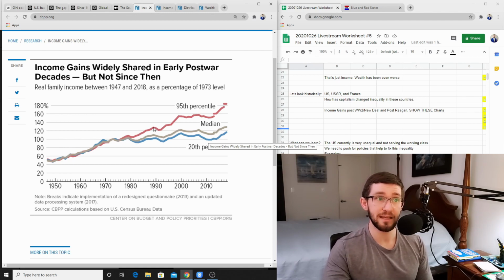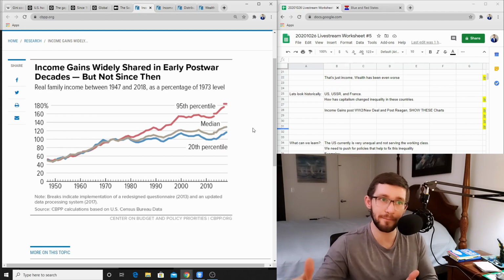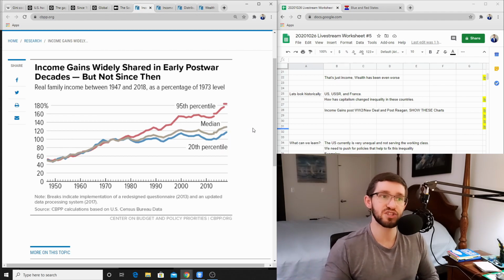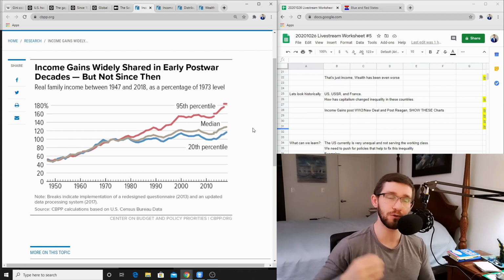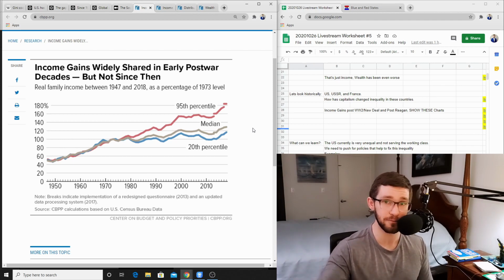And you start to see that the 95th percentile, i.e. the top 5%, starts making more and more, and it grows more each year. Meanwhile, the bottom 50, average person, and bottom 20, they move at about the same rate. So every time someone's making more, the top 5% is making more at a faster rate, which is only going to increase and further exacerbate that wealth inequality.